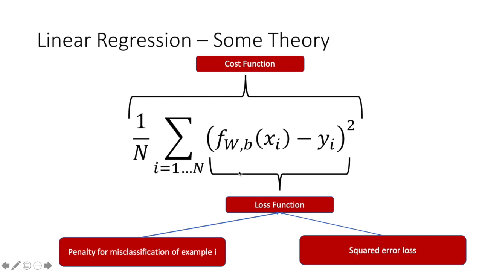This is what I wanted to say, that this specific loss function is also called the squared error loss. The average loss or empirical loss for a model is the average of all penalties obtained by applying the model to the training data, and this is what we're doing here. So we defined a loss function here. We talked about the cost function here.